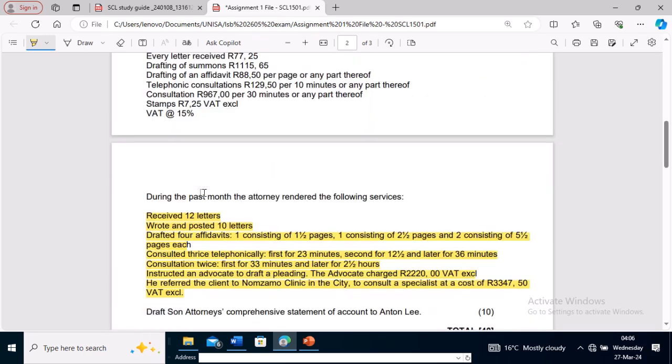The work which was done is this one: during the past months, the attorney rendered the following services, and then we have received, wrote, drafted, consultations, instructed, referred. Which means that this is the service which was rendered. Let's go back to our study guide.